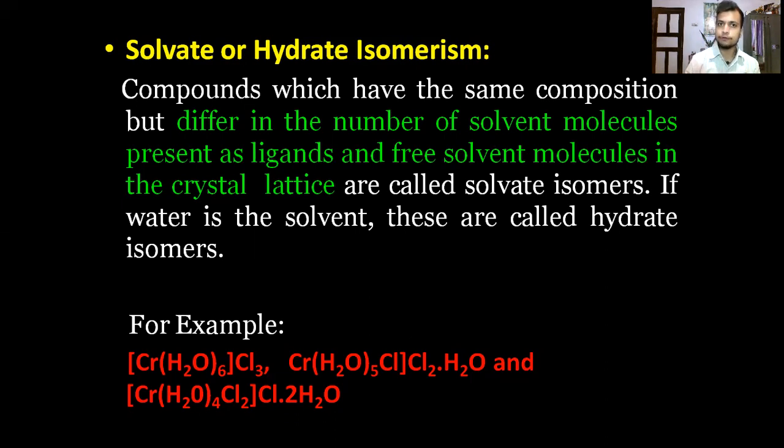So if you see all together the composition of all these 3 molecules, they have 1 Cr, they have 6 water molecules, and they have 3 chloride groups. Altogether they have the same composition, but the way they differ from one another is only because the solvent molecule in one case is acting as a ligand, in another case acting as a free solvent molecule in the crystal lattice, or if it is water, we can call it water of crystallization.